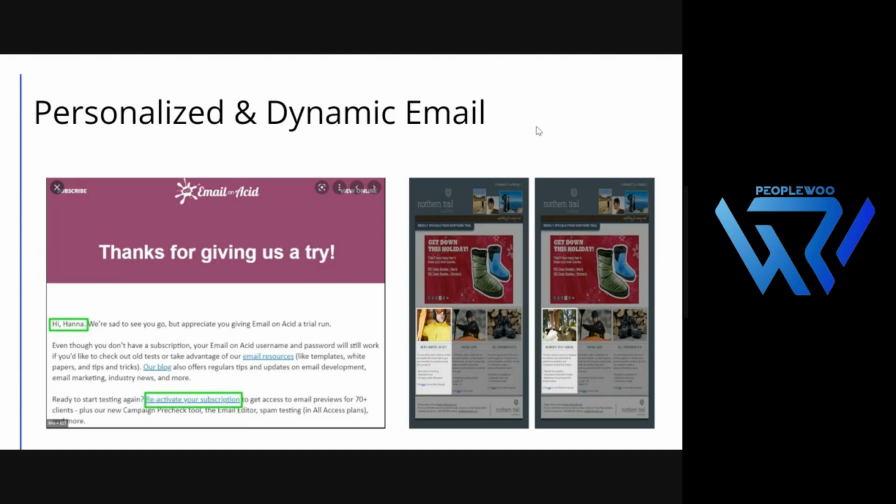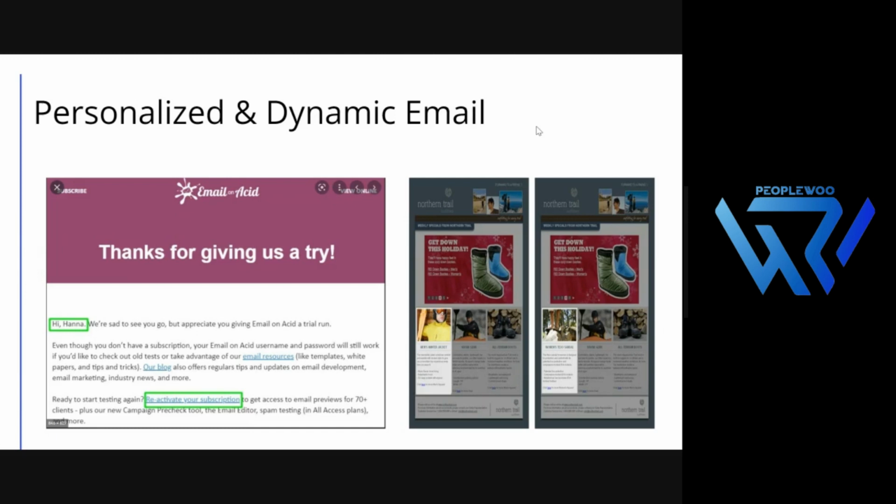But the same email when it is sent to female people reflects sandals. So guys, these types of emails are dynamic in nature. These are not personalized. Personalized is the left hand side having personalization attributes of a customer. Right hand side email is dynamic, dynamically changing the content.